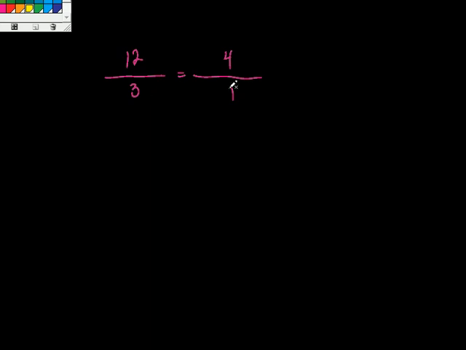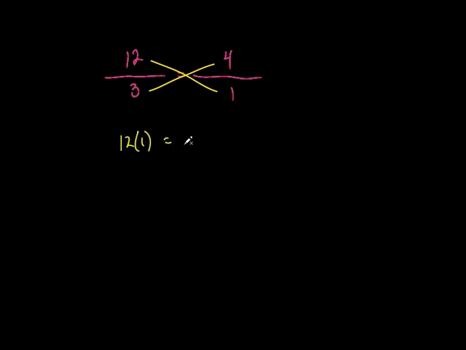I mean, you know 12 divided by 3 is 4, so that's easy. But watch this. What if we did this? This is called cross multiplication, where we multiply diagonally, and then we set them equal to each other. So that's 12 times 1. That should equal what? 3 times 4. So that's 12, and that equals 12, so that works, doesn't it? So guess what? Those fractions are equal to each other.